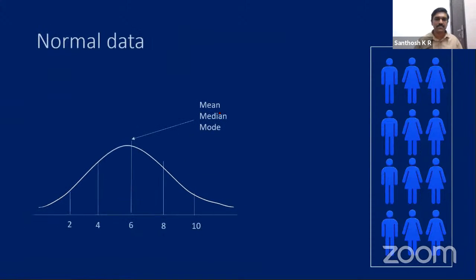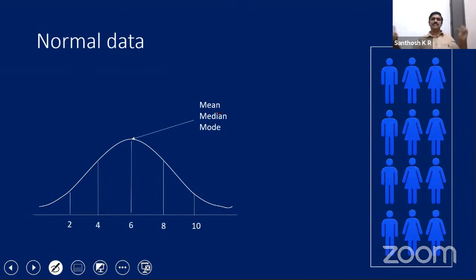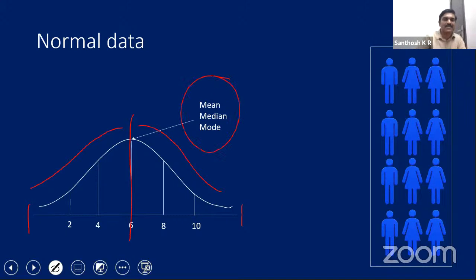If it is like this, it reaches towards both the tails in a perfect general way. If we break this here, it is just like a mirror on the other side. And if mean, median, and mode come towards the middle, then we can say that the data is normally distributed.